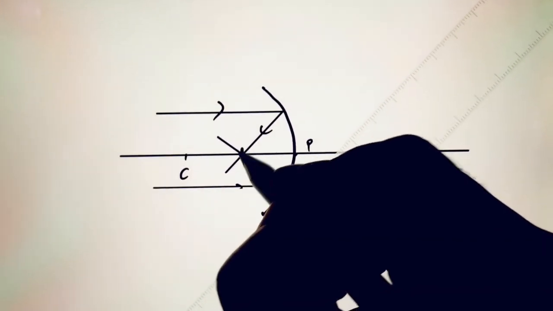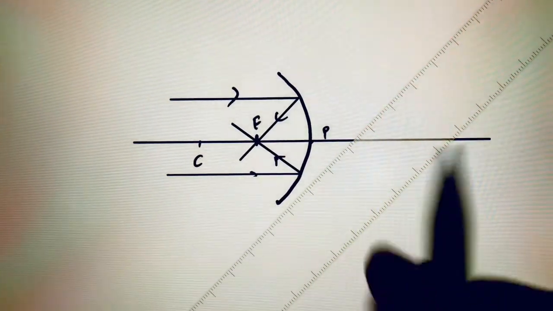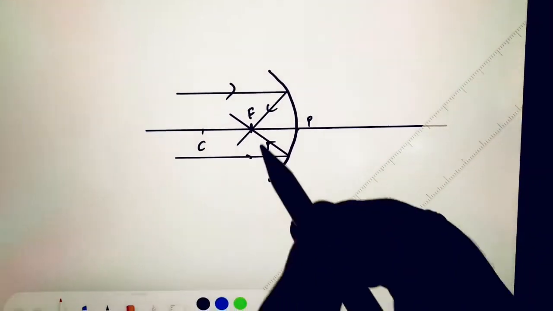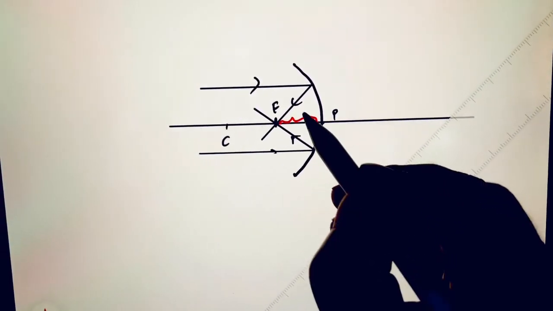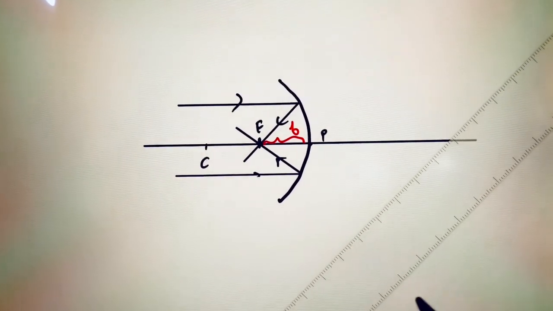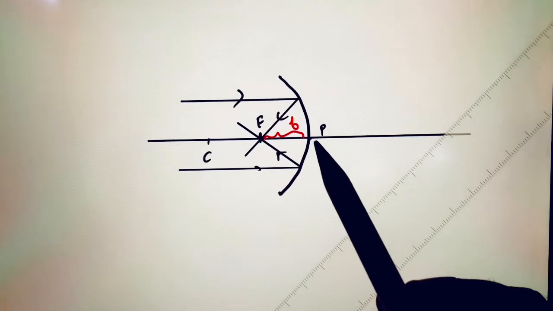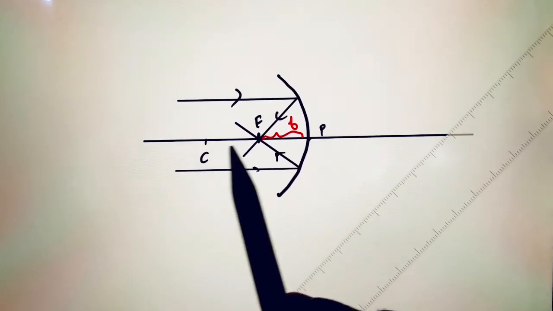This point we call the focus, and the distance from the focus to the pole is called the focal length.